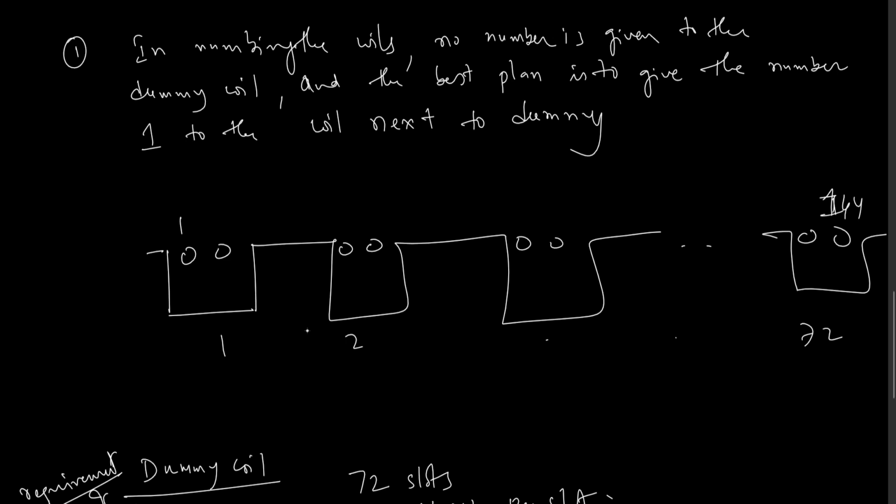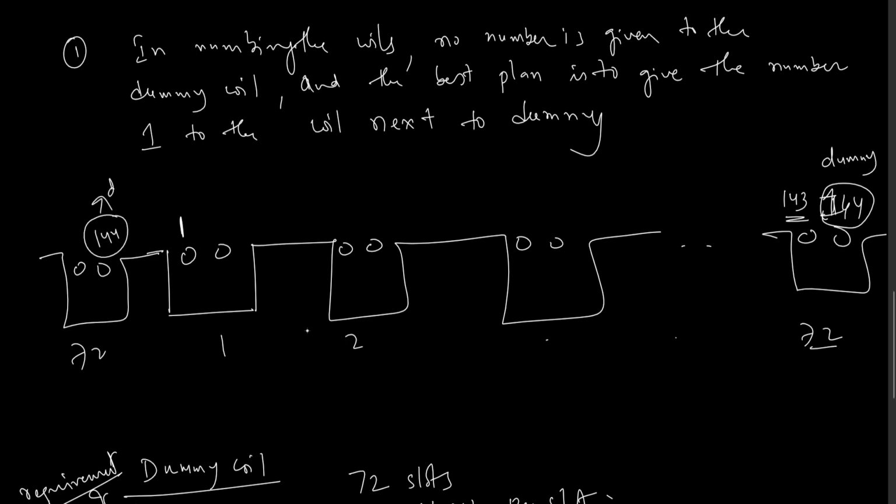So if I start from here with 1, then 143 will be here and 144 will be a dummy coil. And again on the right side of the 72nd slot, we have the first slot. We have here the 72nd slot and this as the 144th coil, which is actually a dummy coil.